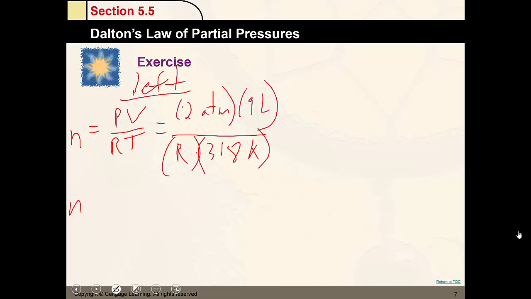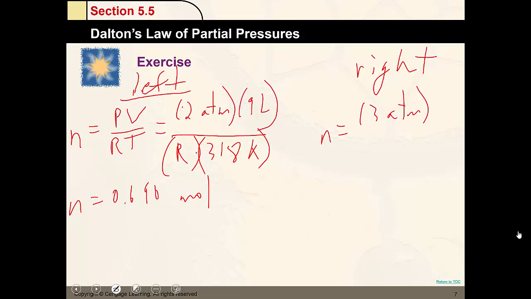And when we do all that, we get the number of moles on the left side as 0.690. And we can do the same thing for the right side. Its pressure is 3, its volume is 3, and that temperature is still the same, 318 Kelvin.